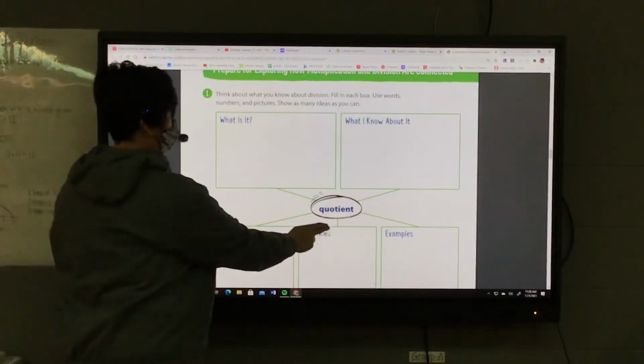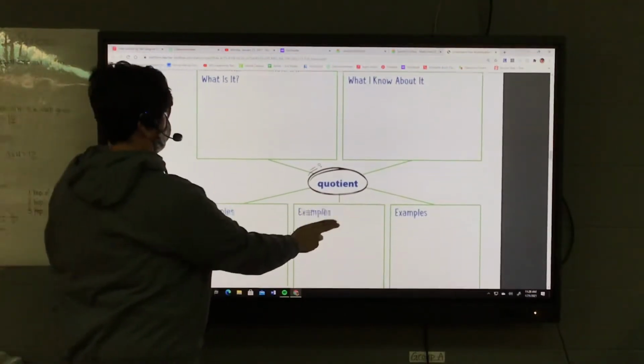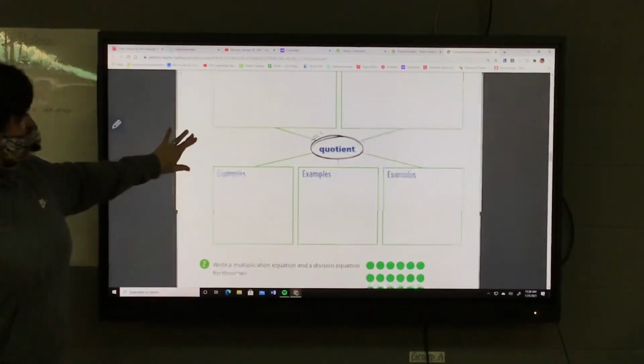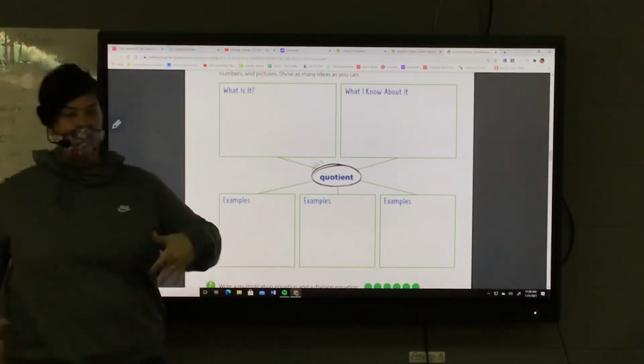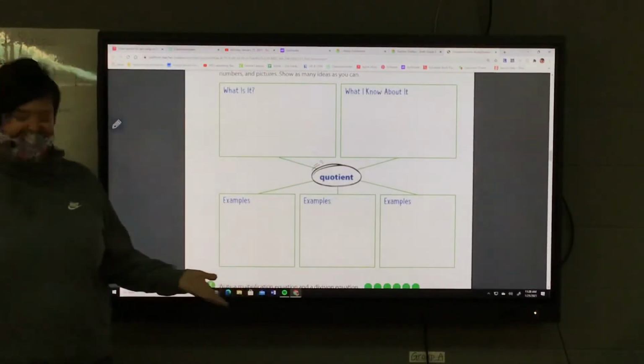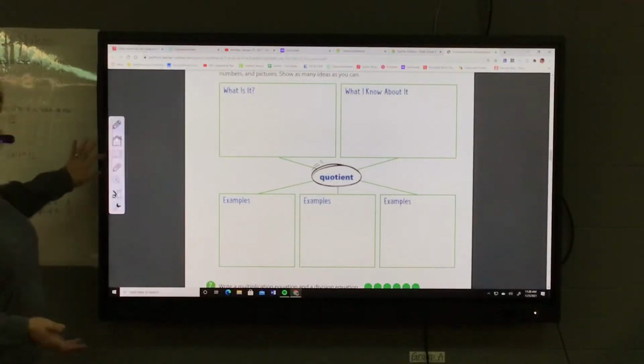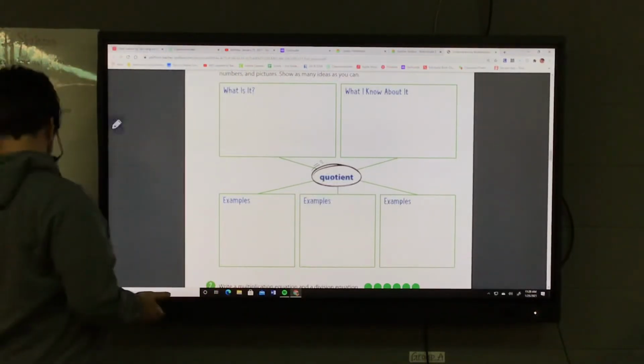Alright, this part looks familiar to us, right? So we just said, I need to make that a little smaller. The quotient is what? The answer to the division.